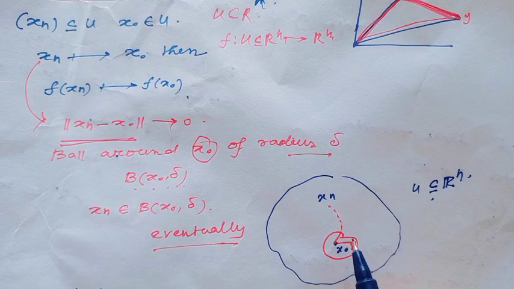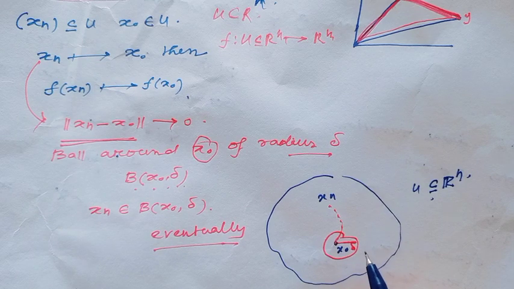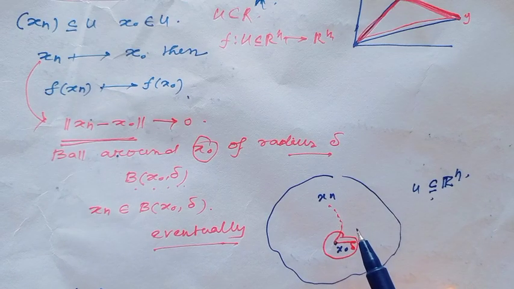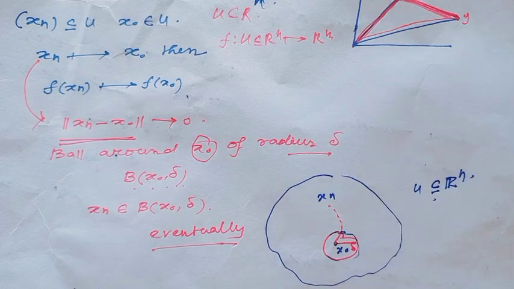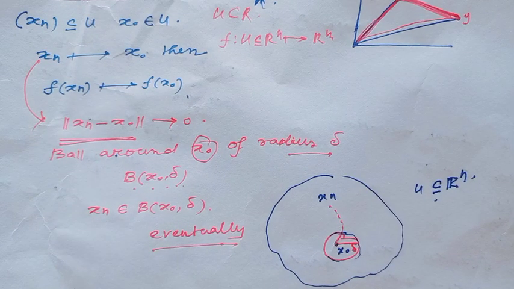But here the terms of the sequence after some stage lie in the ball around x naught of radius delta. That means after some stage xn lies in this ball eventually. This is actually the difference between one variable and multivariable.